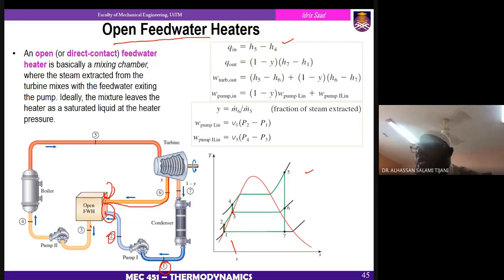Now the fluid is again pumped through pump number 2 into the boiler. Then heating continues up to state 5, before the fluid is expanded. During the expansion, part of the fluid is taken to state 3, and the rest continues to expand to state 7.